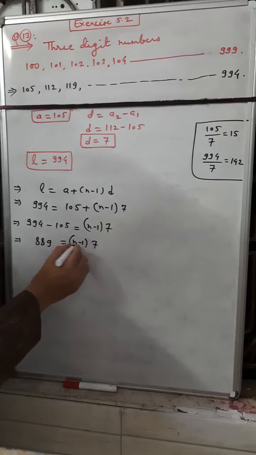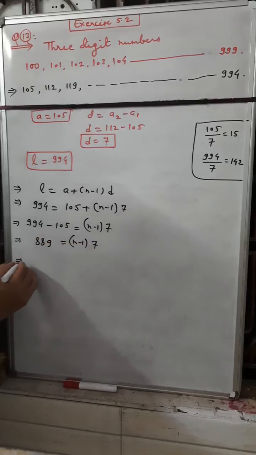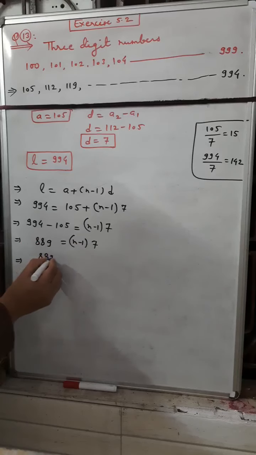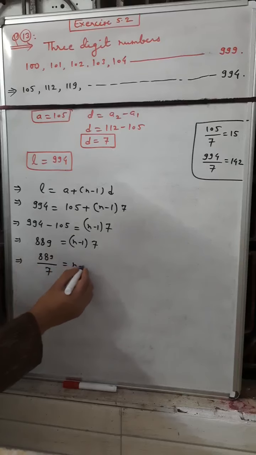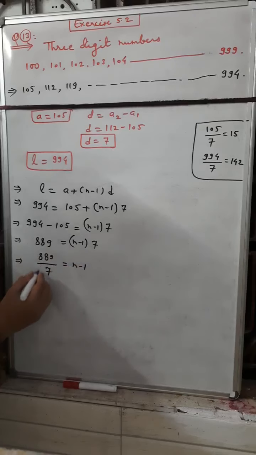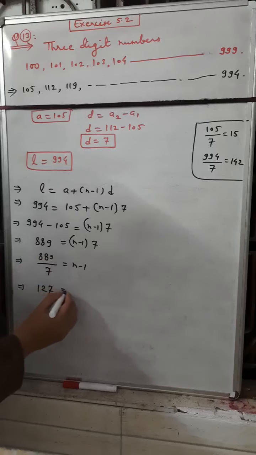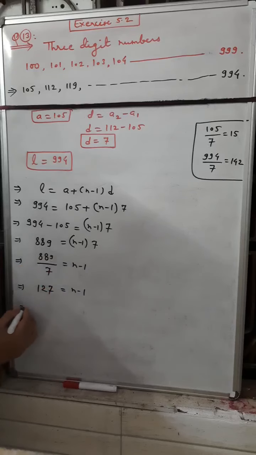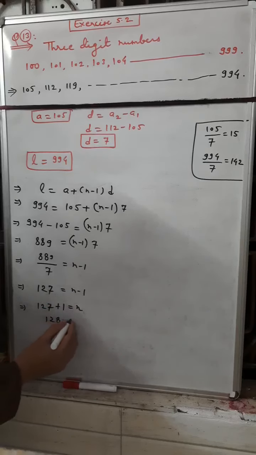Now 7 is a multiple of n minus 1, so we can transfer it to the denominator on the left hand side. 7 ones are 7, 7 twos are 14, 7 times 127 is 889. So 127 is equal to n minus 1. Transferring 1 to the left hand side, plus 1, 128 is equal to n.